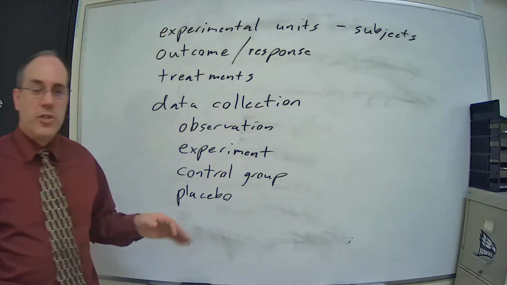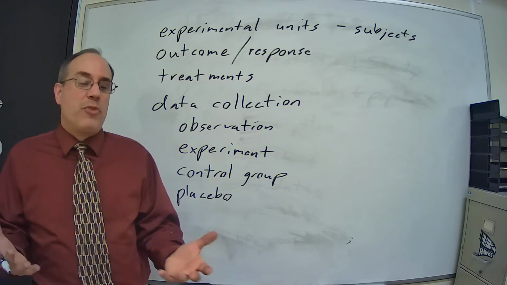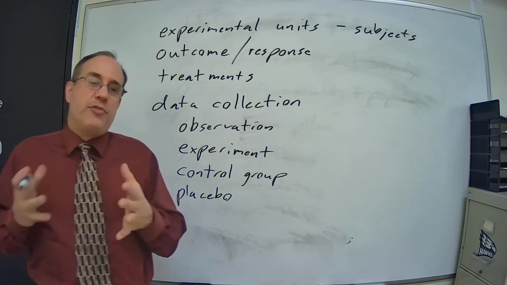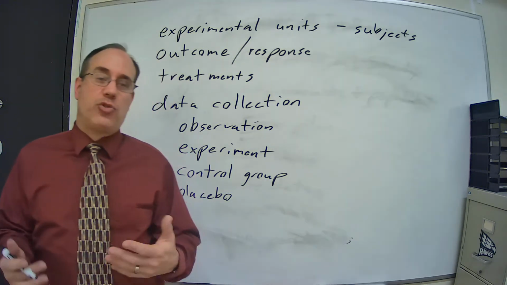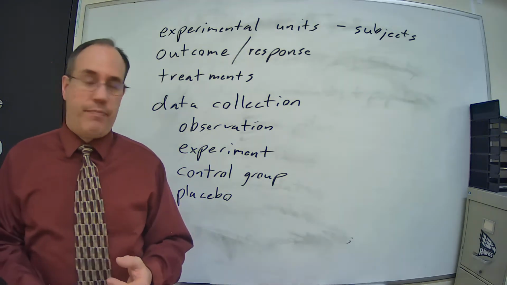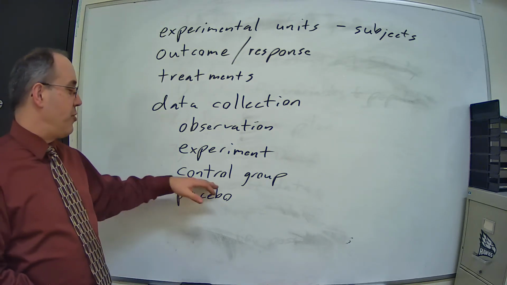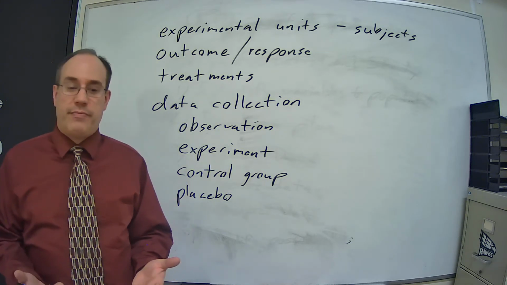A placebo is basically a harmless, unmedicated treatment. Basically, we do something to make them think they're getting the treatment without actually affecting them. So we use a placebo so that the control group does not realize they're the control group.